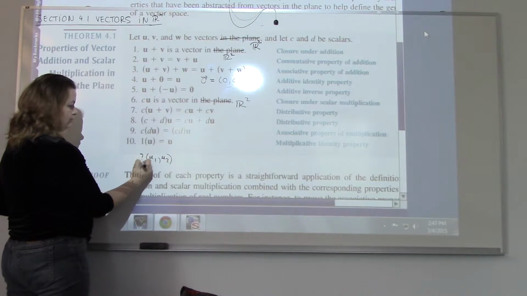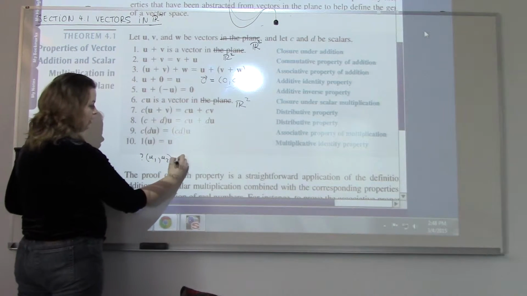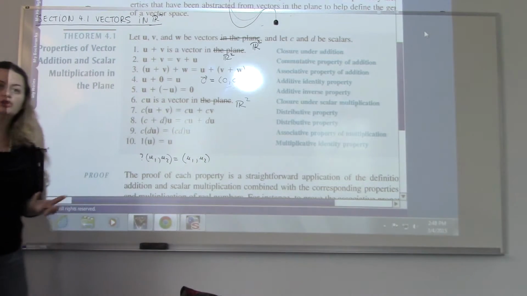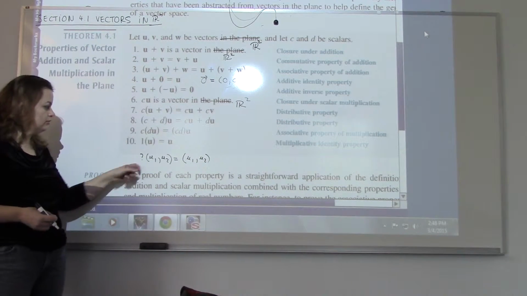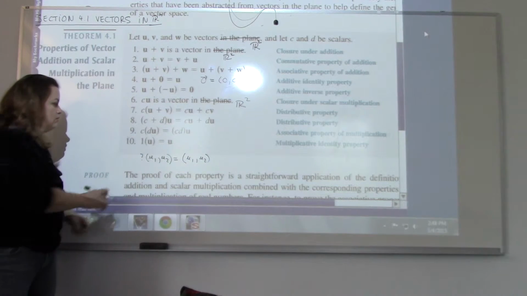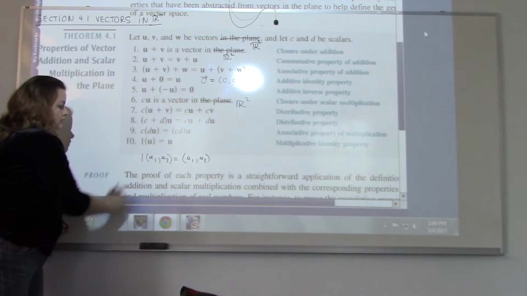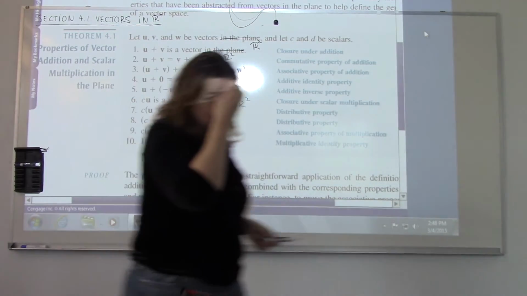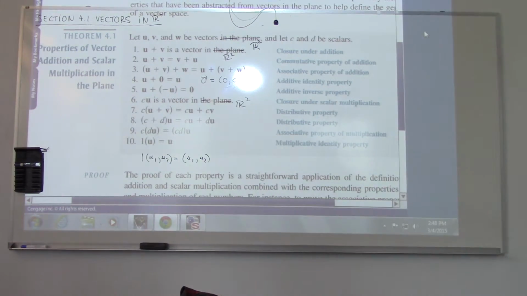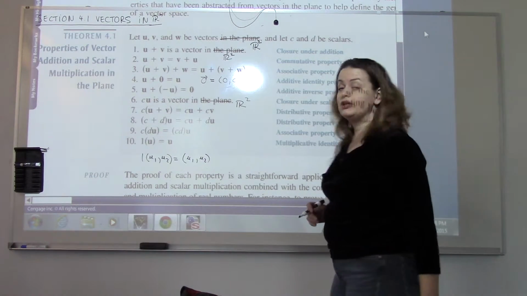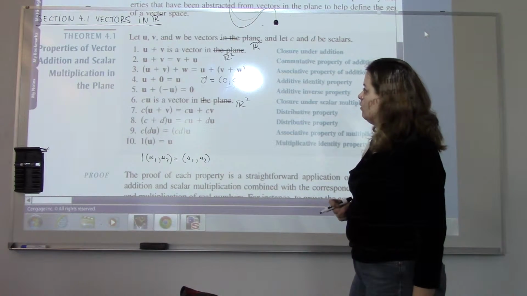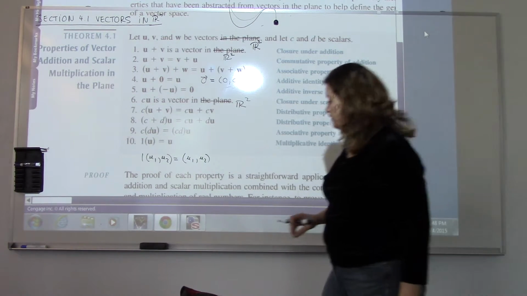What do I multiply u1, u2 by to get u1, u2? I only know one kind of multiplication, scalar multiplication. So this must be the scalar, that's 1. It seems very trivial, but once we define addition and scalar multiplication differently, then it's not going to be so trivial anymore. Okay, so how do we prove these properties?